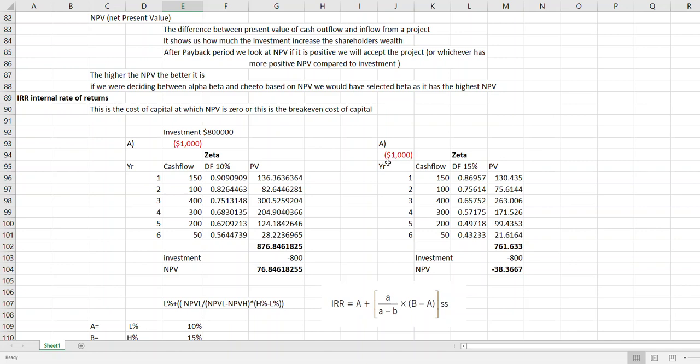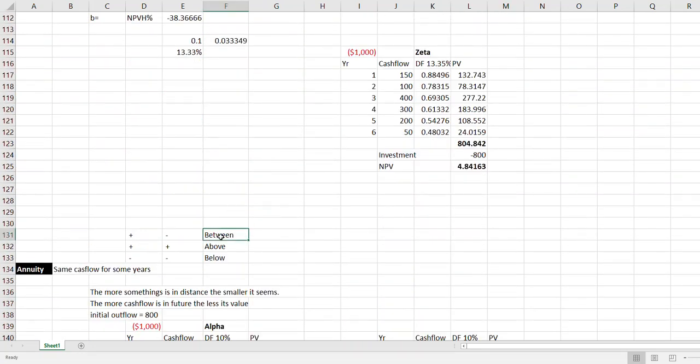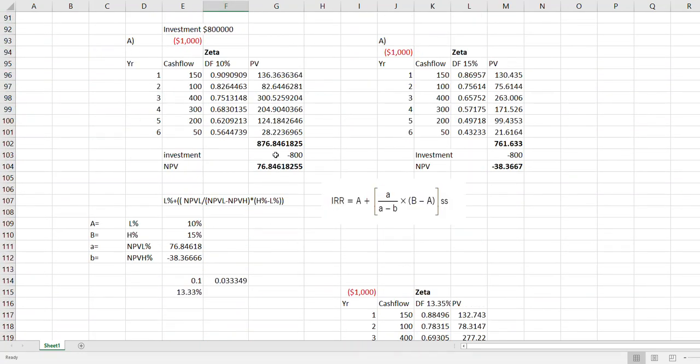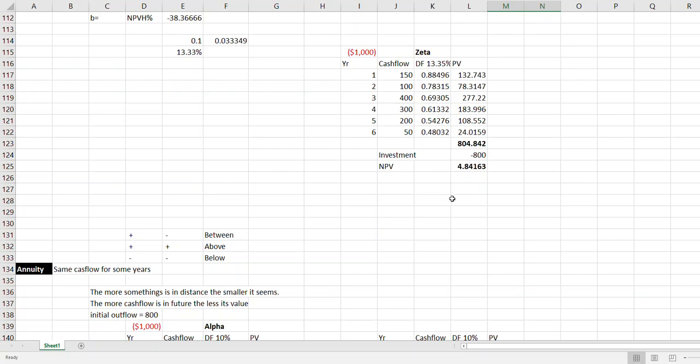Remember, when we do calculation, because we have to assume a percentage, and one gives us positive, another gives us negative, then answer will be in between. If we take a percentage, one gives us positive, another also gives us positive, then answer should be above both of them.